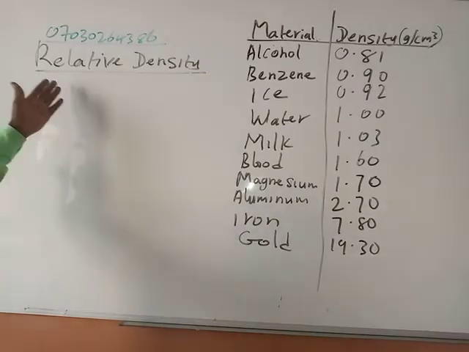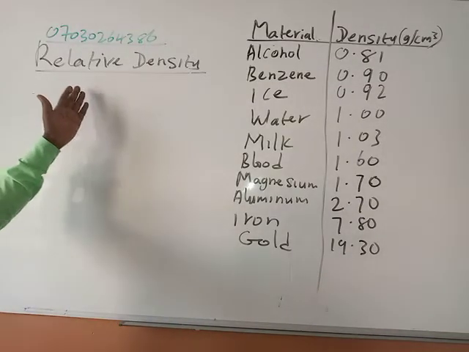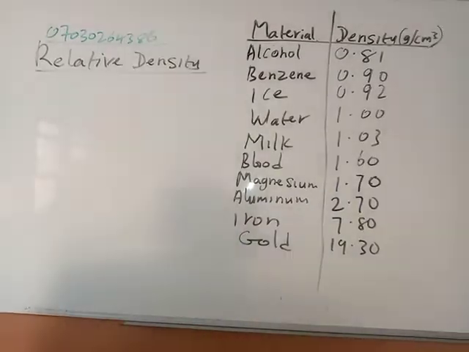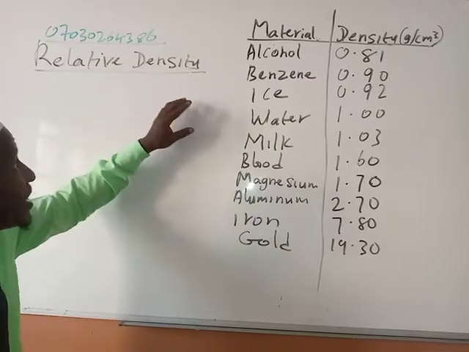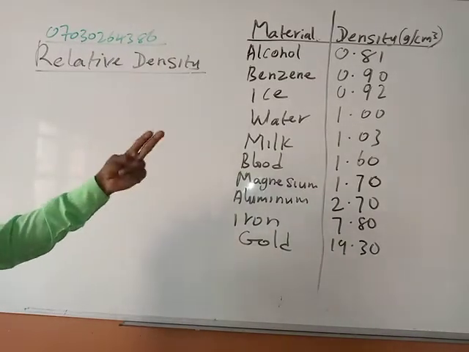Then we also come across it under relative humidity, which means the humidity at a certain temperature compared with normal temperature. For today's topic, relative density means to compare the density of two things together.